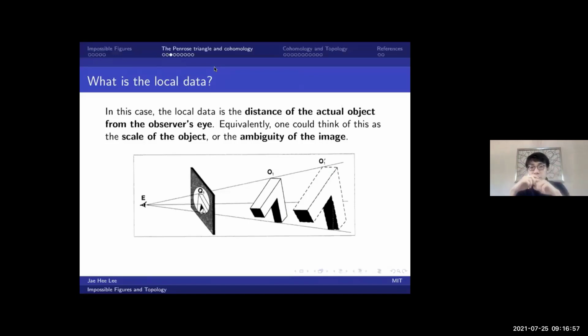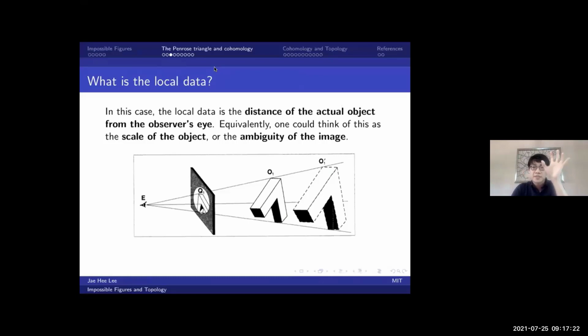So conversely, what that means is that if you just look at the image, then there's this ambiguity. You don't know where the actual 3-dimensional object is, because there can be infinitely many choices of the actual position and the size of the object that projects onto the same image on the screen that you're looking at. So that's kind of the local data that you're going to associate to each local piece.